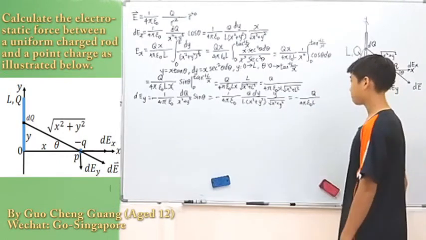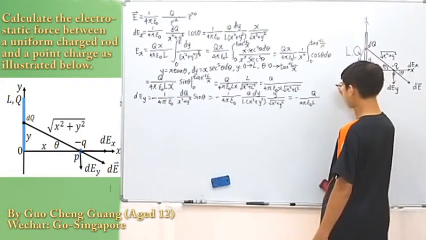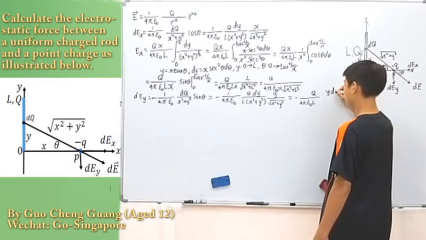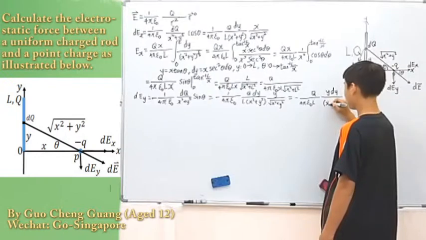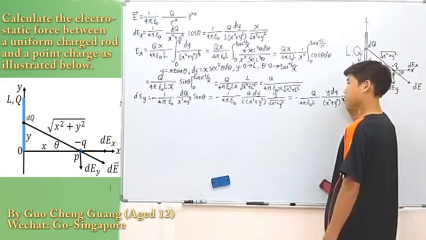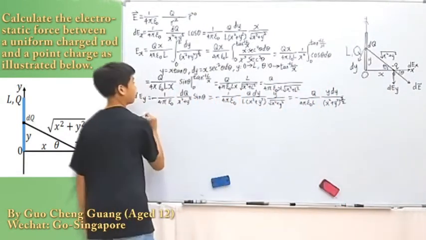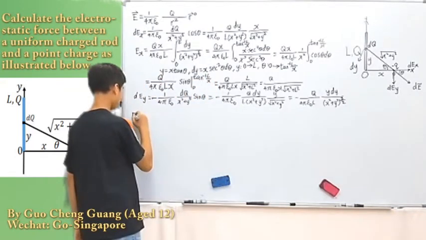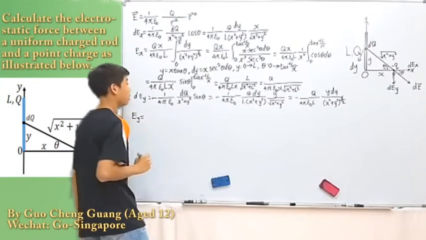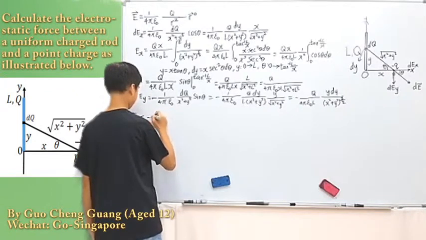Then y dy over (x squared plus y squared) to the power of 3 over 2. So this is the part that you have. Then you can find Ey. When finding Ey, the constants still stay outside.